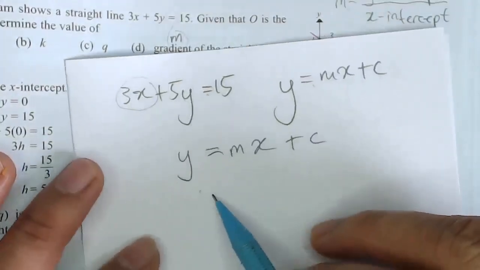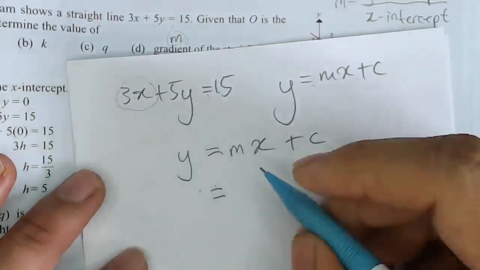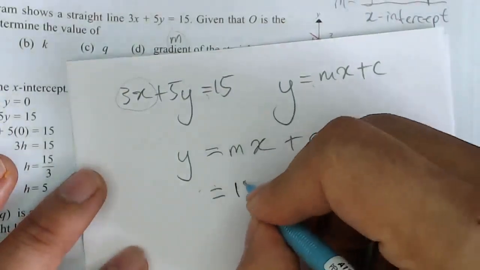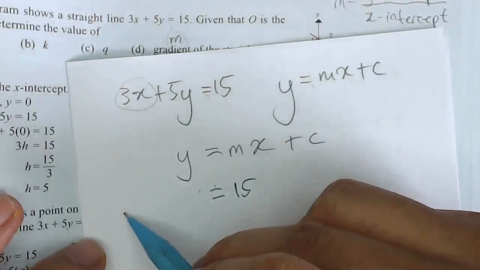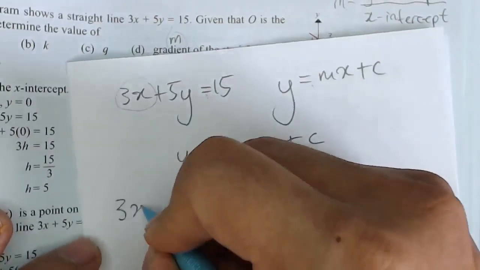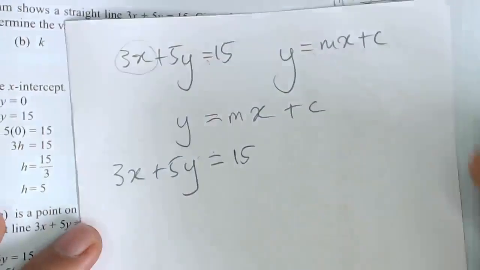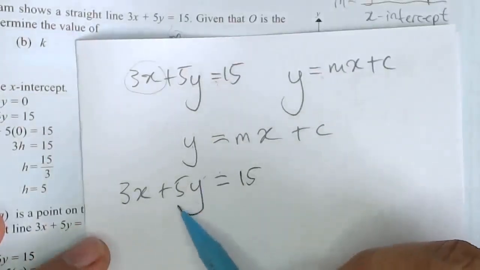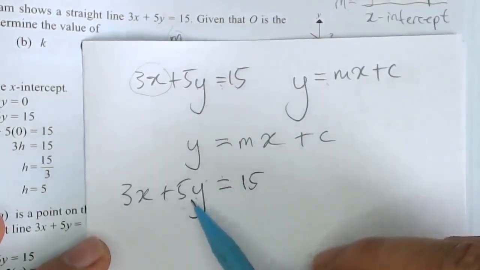Kita ada 15 sini. Okay, yang belah kiri ni duduk belah sini. Okay, tengok y duduk sini dah, betul dah y. Tengok term yang ada y ni sudah duduk tempat yang betul.